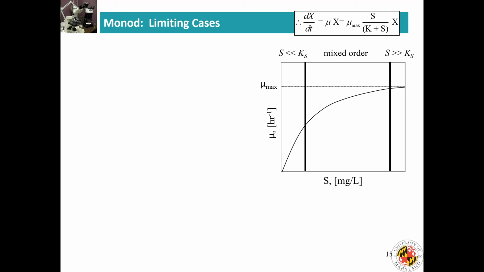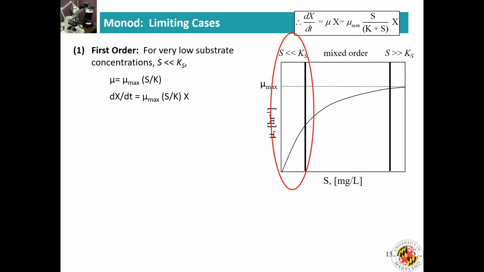So based on the substrate concentration, we can divide this graph into three different sections. In the first section, we can assume that it is a linear graph, and in this case the substrate concentration is significantly lower than the Ks value, or the saturation constant, and this was Monod's equation, right?